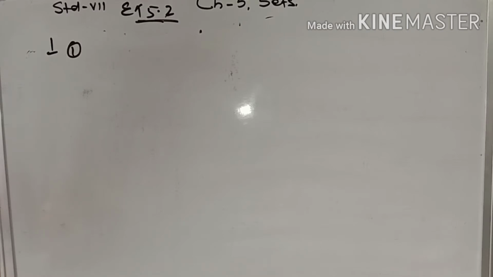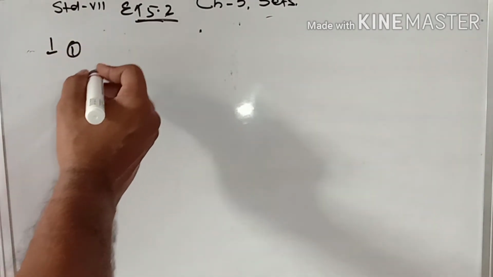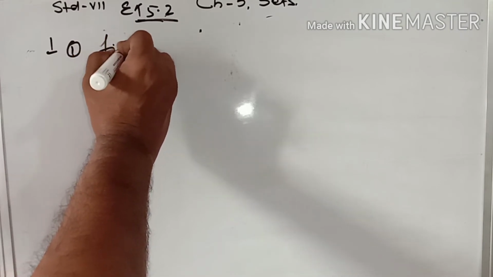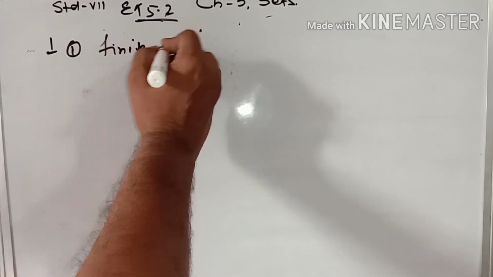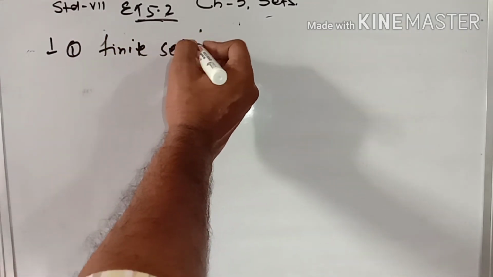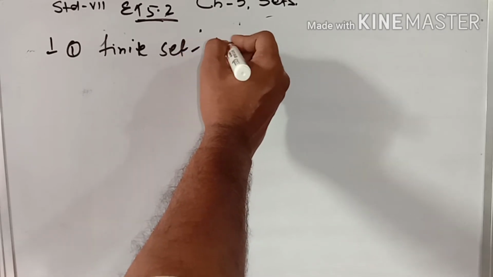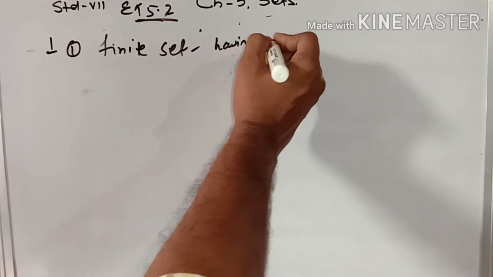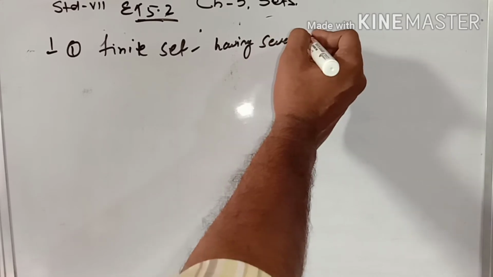Question number 1: all colors of a rainbow. As we know, in a rainbow there are 7 colors. Therefore it is a finite set, because it has 7 colors.